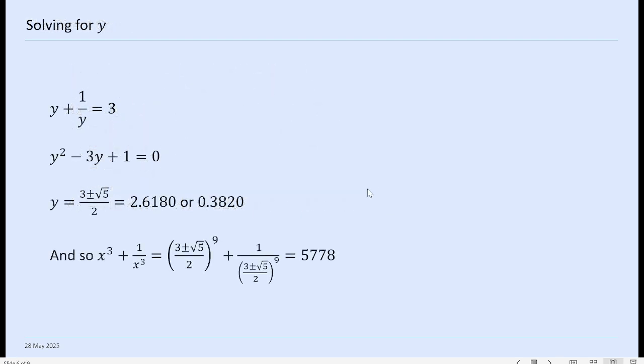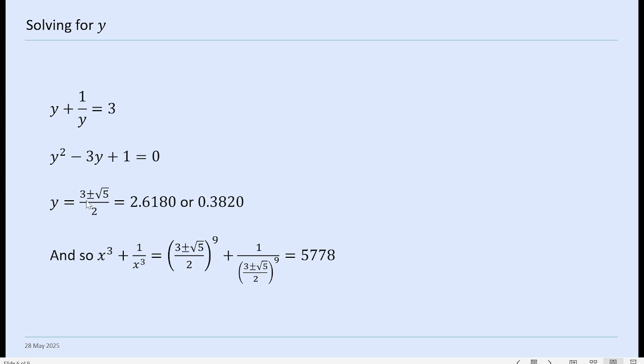The second way is to solve for y. So if y plus 1 over y is 3, we can turn this into a quadratic, can't we? Multiply through by y and take 3y from both sides. So y squared minus 3y plus 1 equals 0. Solve by the formula minus b plus or minus root b squared minus 4ac all over 2a.